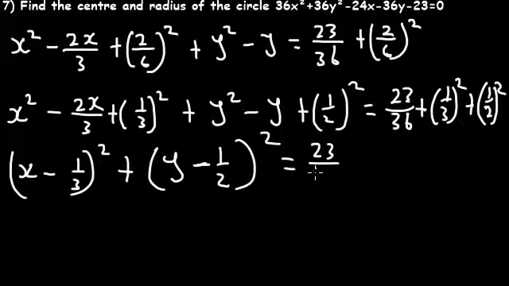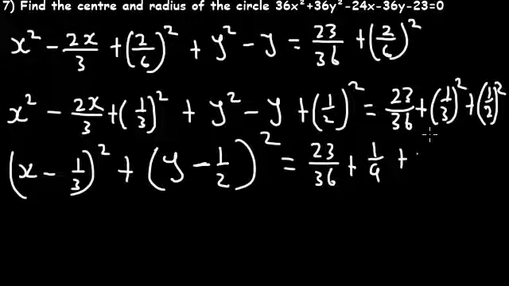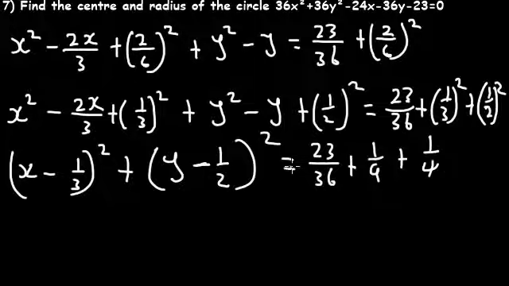So we have 23 over 36 plus 1 over 3 squared, which becomes 1 over 9, plus 1 over 2 squared, which becomes 1 over 4. Perfect. So now let's combine this. The LCM will be 36. Let me write this again.